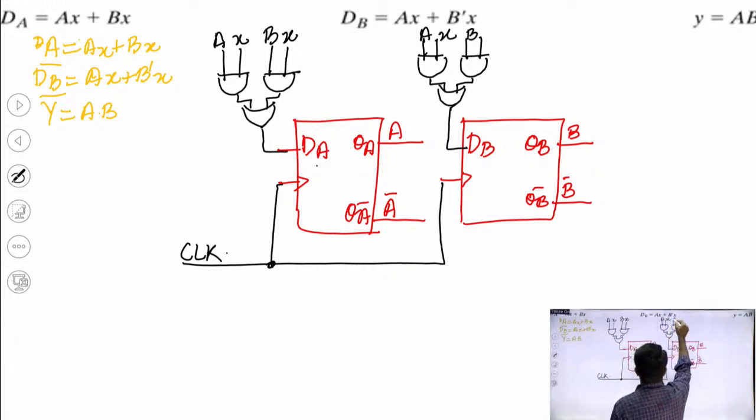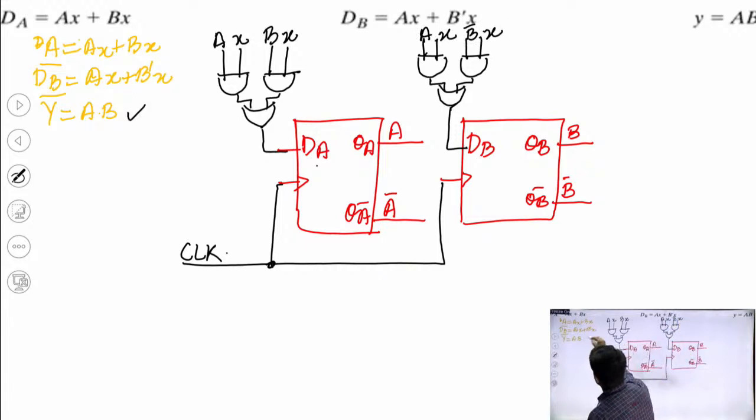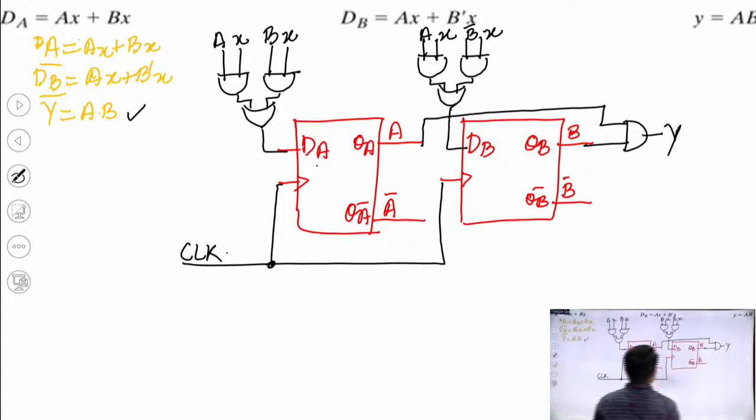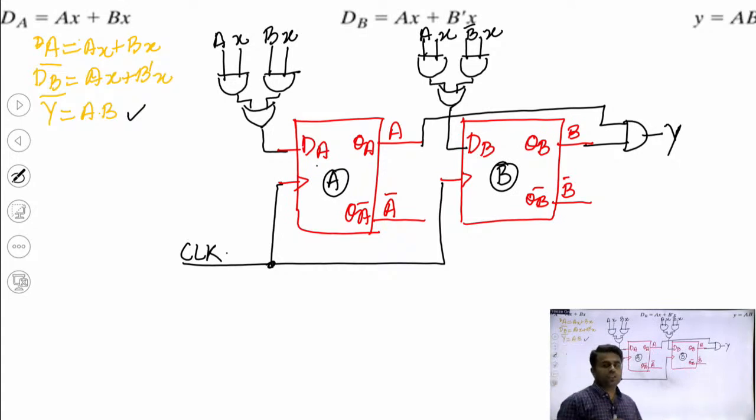Ax and B bar x. Okay, and for y we need to prepare AB. So I can take this A from here and B from here, and this can be my y. This is flip flop A, this is flip flop B. So this is the design of this sequence detector.